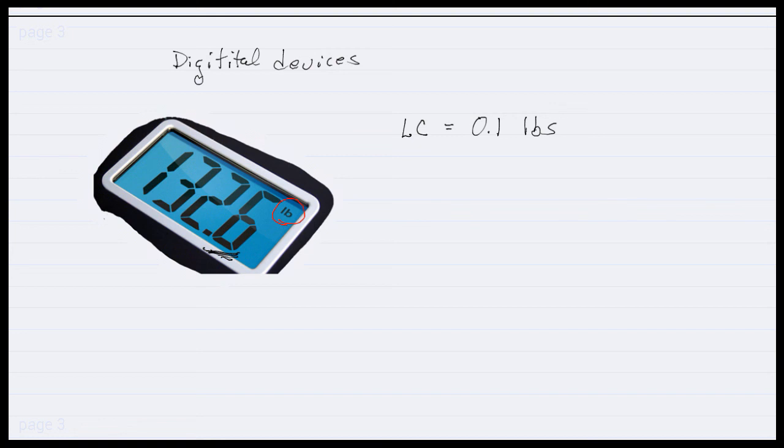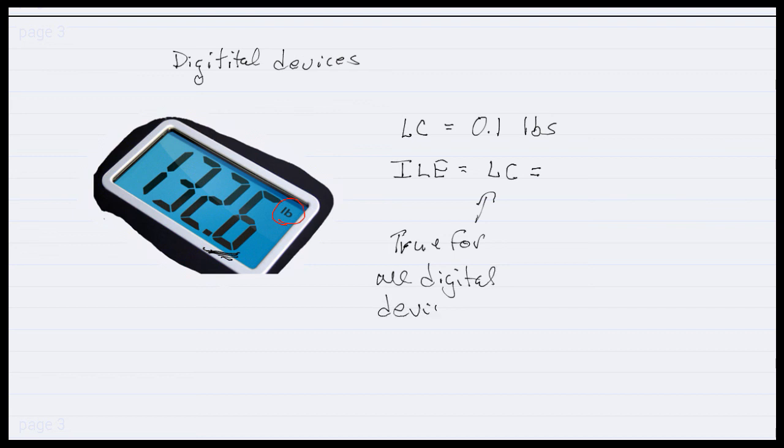And the instrument limitation error, for digital devices, it's just the least count. And I'm going to explain why it's different. So this is true for all digital devices. And so for our case, it's just 0.1 pounds.